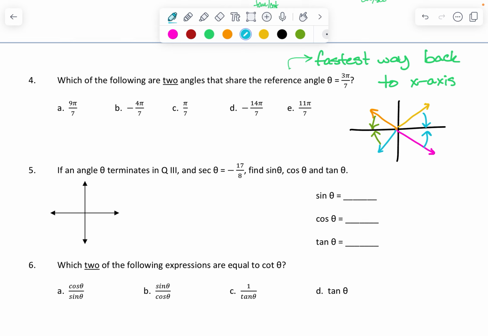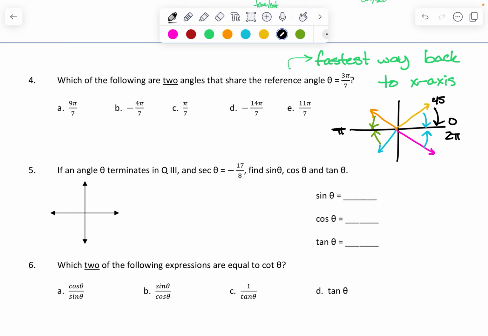Now, think about what values lie on the x-axis. You have 0, you have pi, and if you make a full circle, you have 2 pi. So really, the reference angle is either going to take an angle that's not quite 90 up here, let's say this is like 45 degrees, and take you back down to 0.